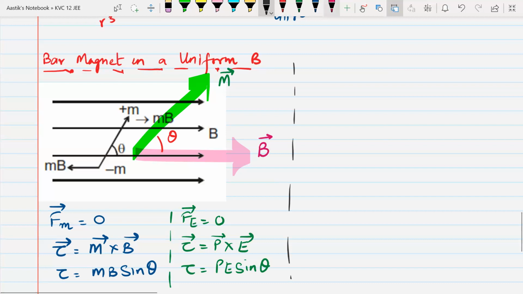Now, this torque is 0 when the angle is 0 or 180 degrees. Do we understand this?